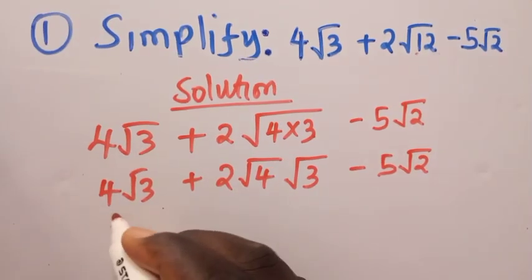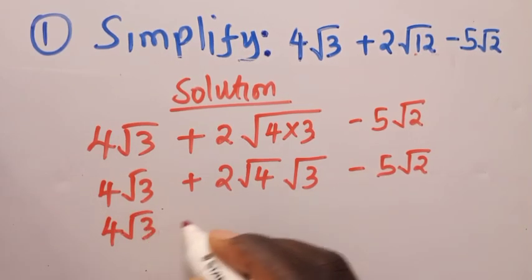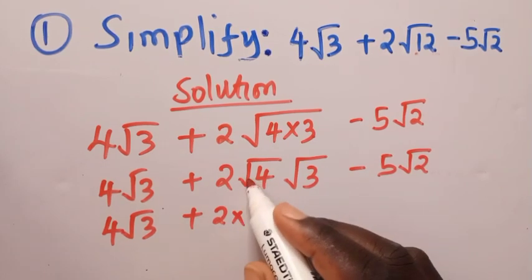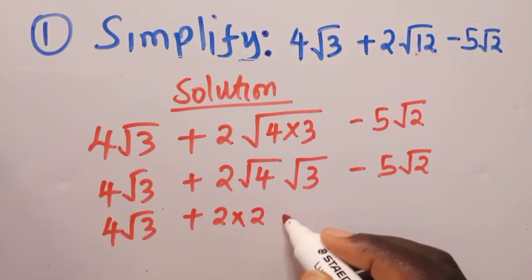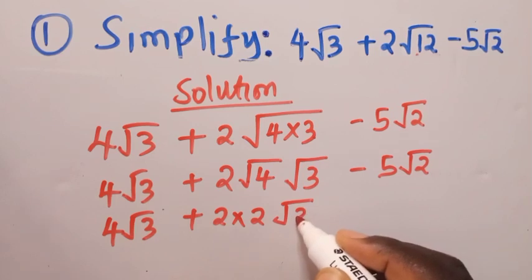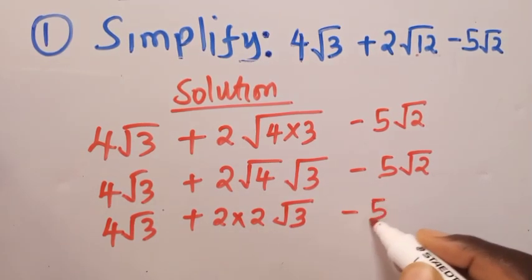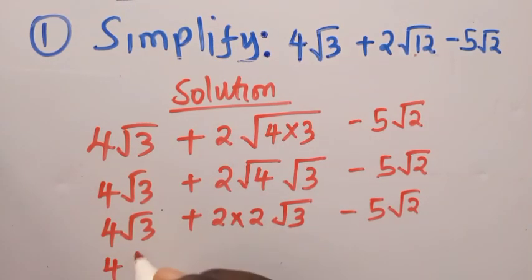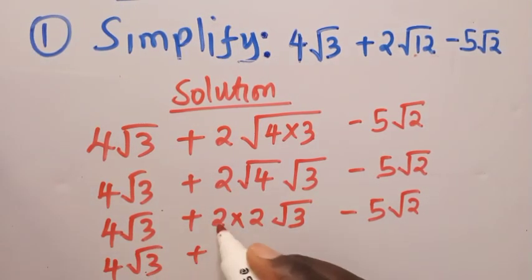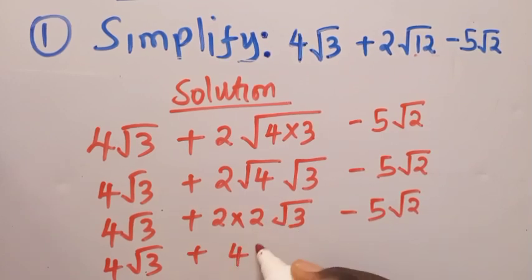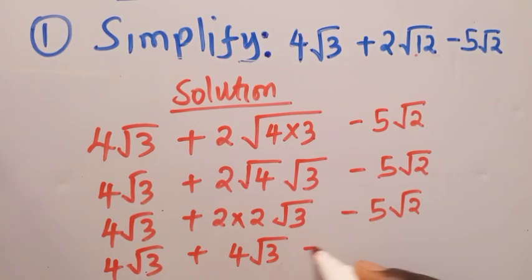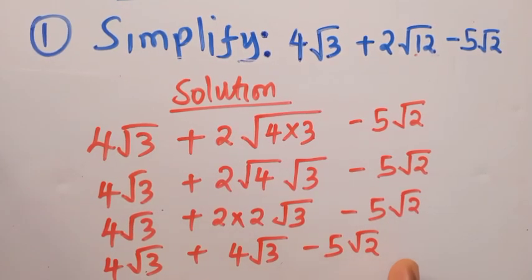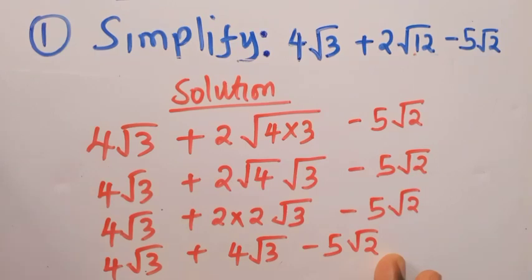Now, from there we shall have 4 root 3 plus 2 times square root of 4 is 2, then times root 3, then minus 5 root 2. Then from there we shall have 4 root 3 plus 2 times 2 is 4, then times root 3, then minus 5 root 2. Now, we need to collect the like terms in this case.